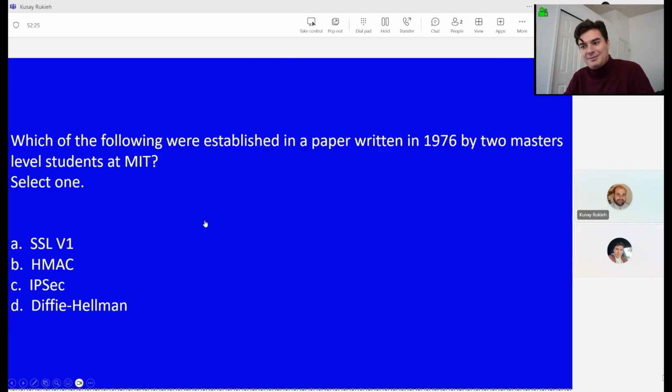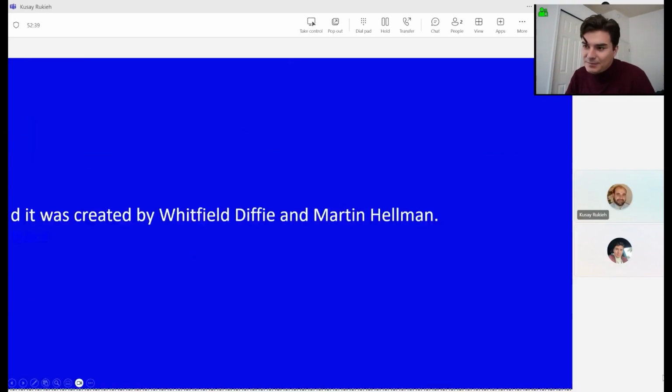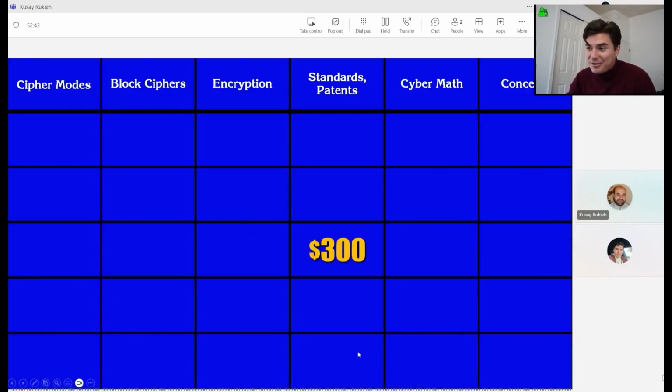They created... Diffie-Hellman. That's correct. We're looking for two master students, right? Wow, they just combined their names. It is Diffie-Hellman.